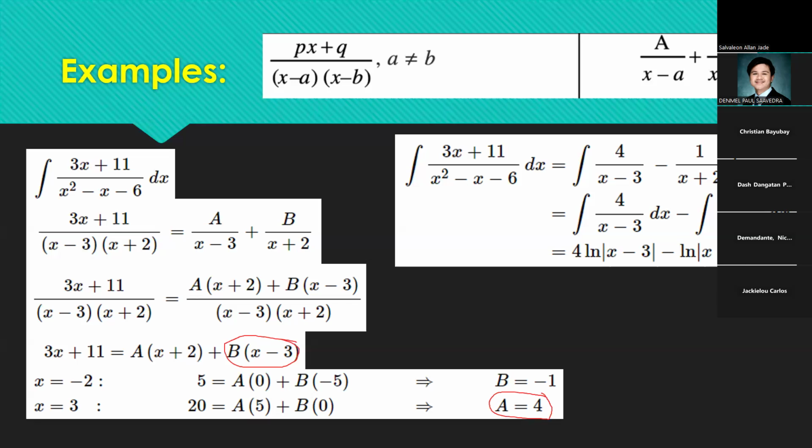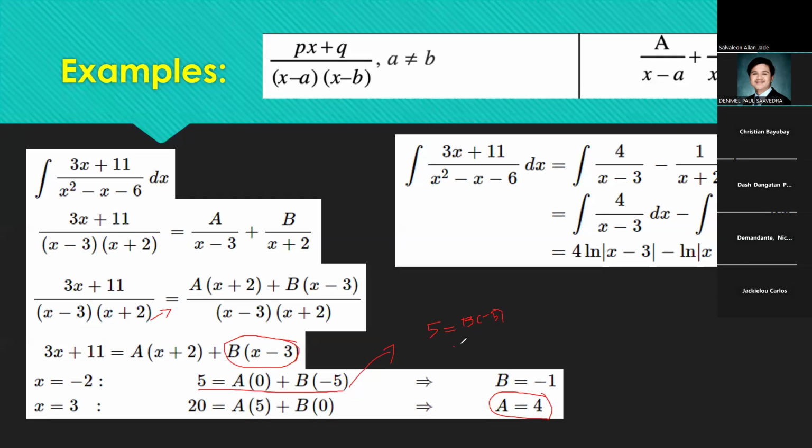Okay, Miss Demandante asks: transpose to the numerator, sir. Which part? This one? Yes, for this one, let's simplify this part first. So this is 5 is equal to B times negative 5.